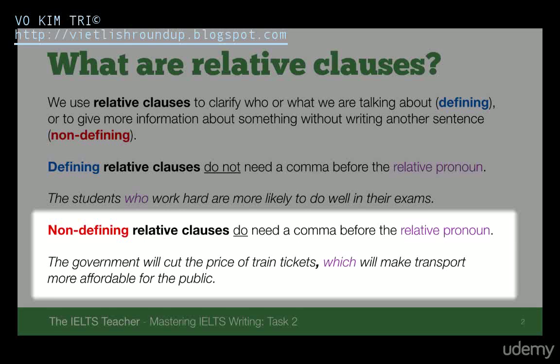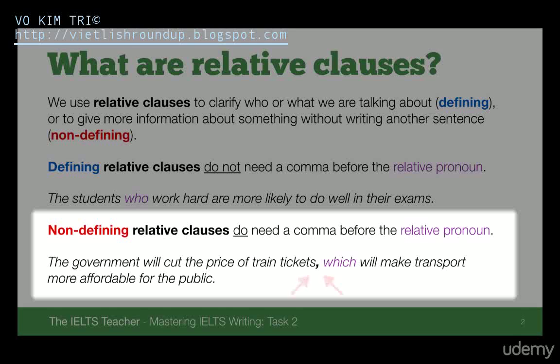Contrast that with the non-defining relative clause, which does not define the previous clause, but rather just gives more information about it. The government will cut the price of train tickets, which will make transport more affordable for the public. Because we are just choosing to give more information here, we are not defining the original clause. This is why it's called a non-defining relative clause. It doesn't define the previous clause, it just gives more information about it.